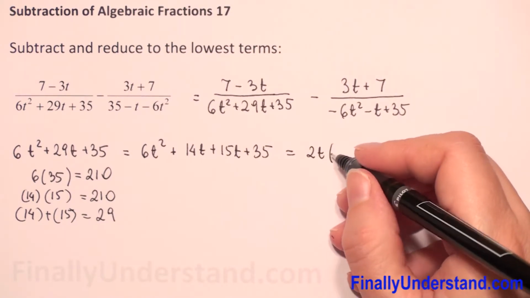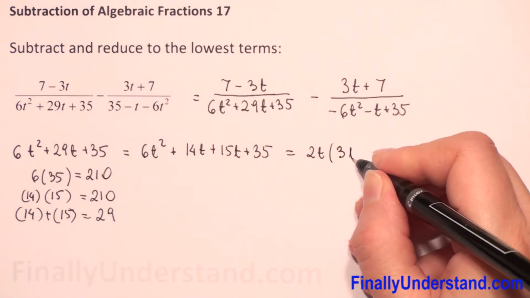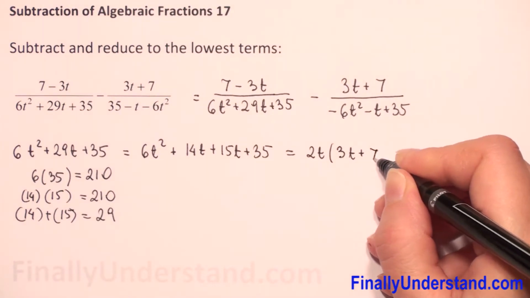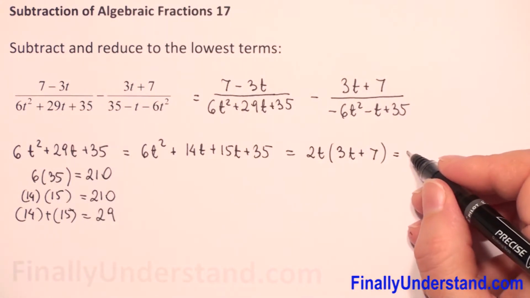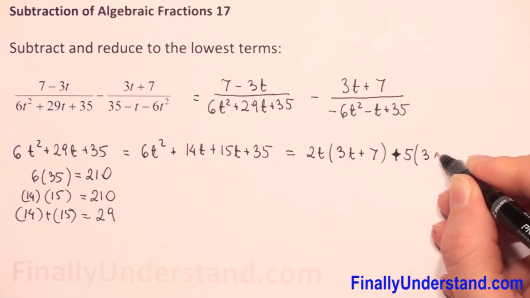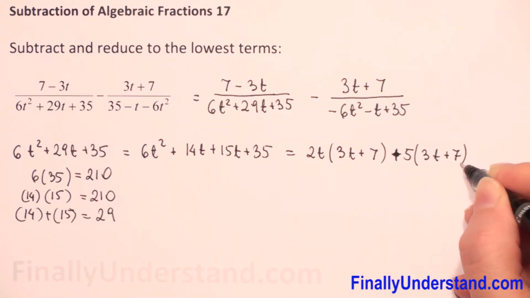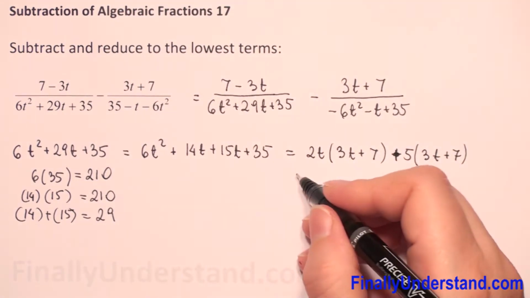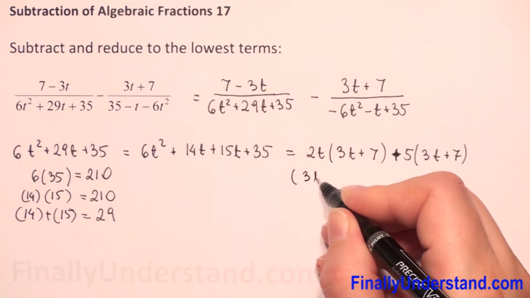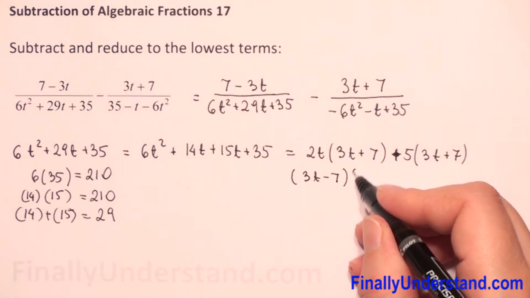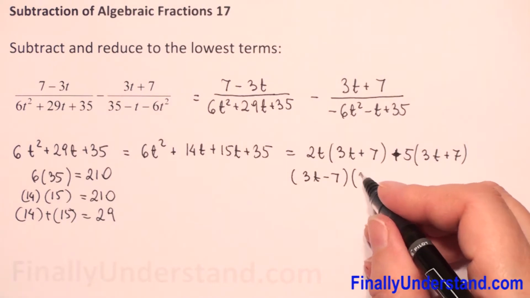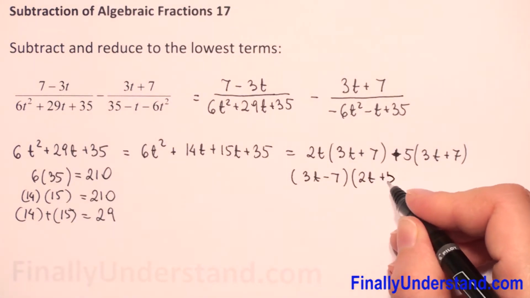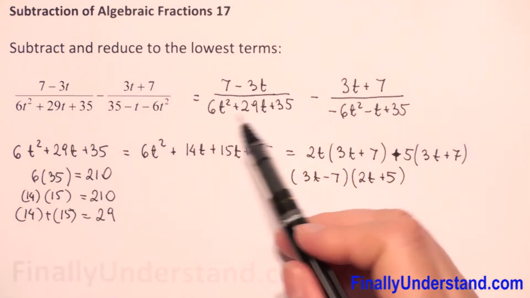So in parentheses I will have 3t plus 7, and from the last two expressions I can factorize plus, of course, 5, so it will be 3t plus 7. Now we see that we have the same in the parentheses, so we can factorize this, and in the second parenthesis we will have whatever is left, so 2t plus 5. So we factorized our first denominator.